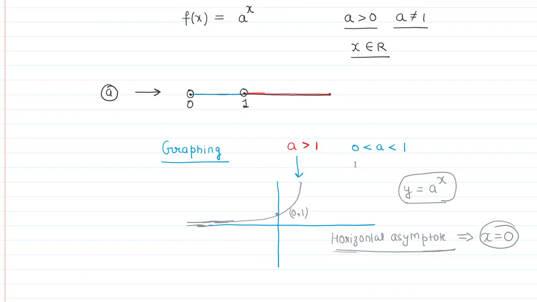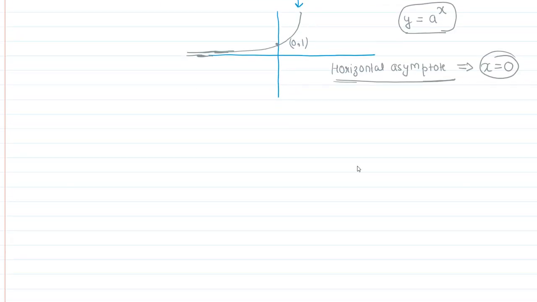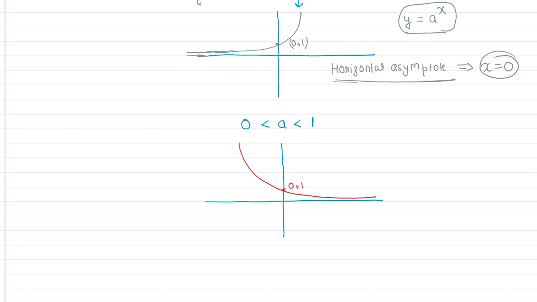But what if a is between 0 and 1? Then the graph will look something like this. Alright, again this is the point 0, 1.